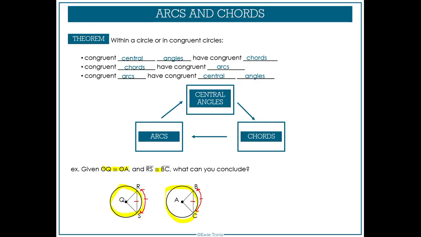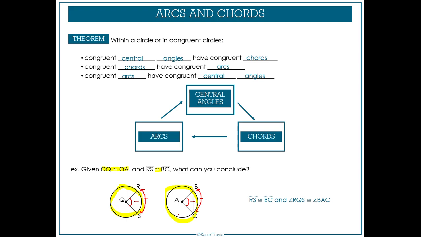Now, if I have two sets of congruent arcs, that means I have two congruent central angles. So that means that this angle at the center with Q and this angle at the center of A are also congruent. So, what can we conclude in general?